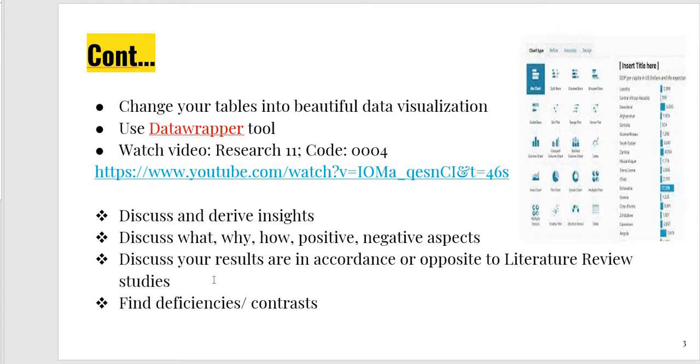Discuss your results. Okay, this is a very important point. While you are discussing your results, you should compare them with the literature review. Are your findings the same as different studies in the literature review have found? Or are your findings different?